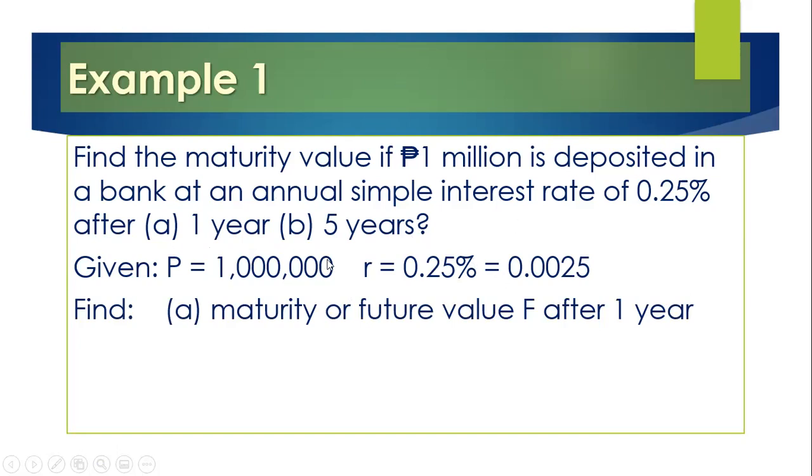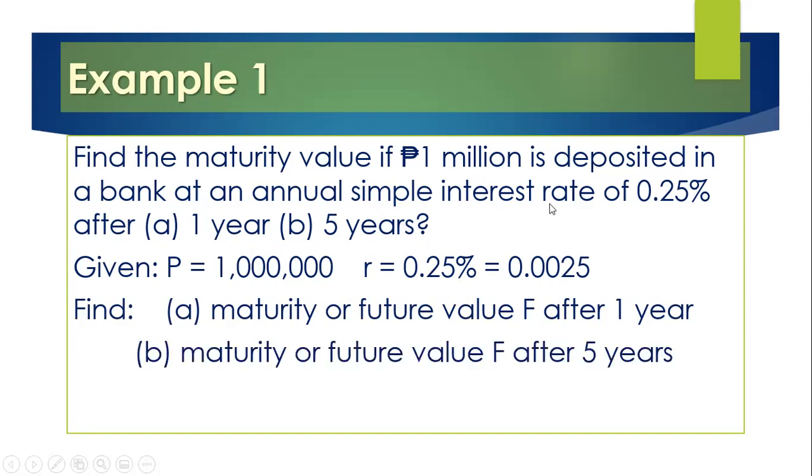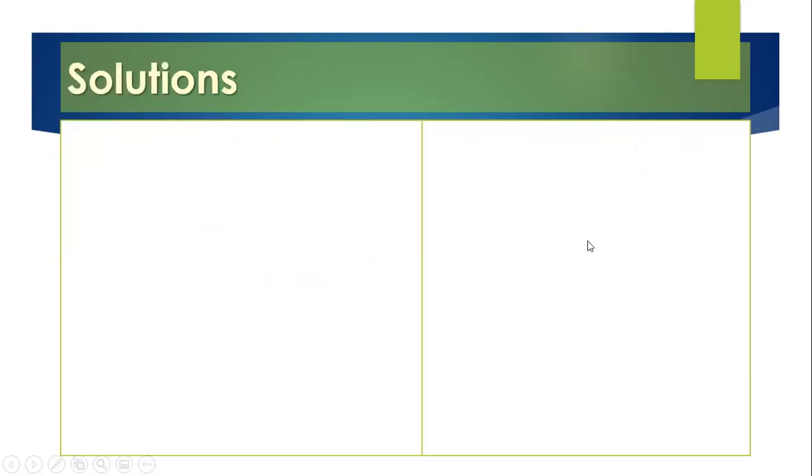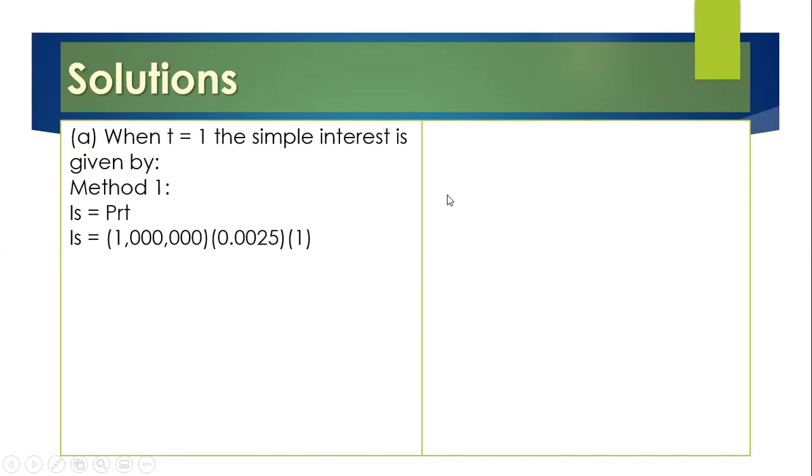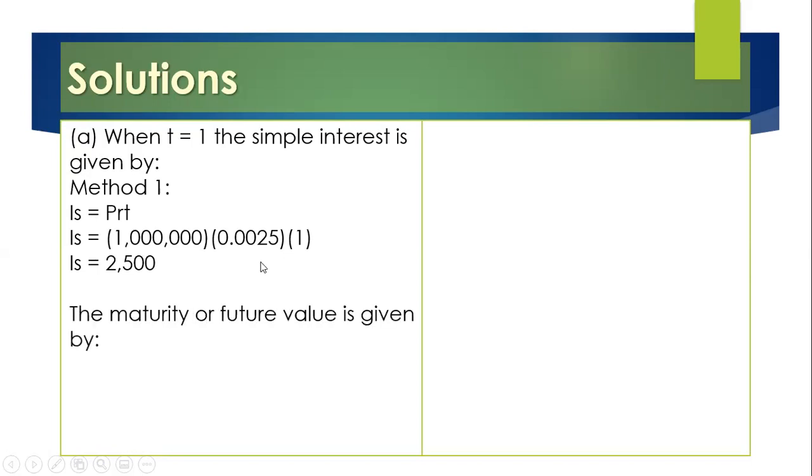Okay, so substitute lang natin sa formula natin for F. Letter B, yan, after 5 years, magkaiba lang yung kanilang T. So, dun tayo sa A. When T is equal to 1, okay, dalawang method. Kung hindi natin dediretsahin, compute muna yung I sub S or the interest or yung kikitain, that is 2,500.